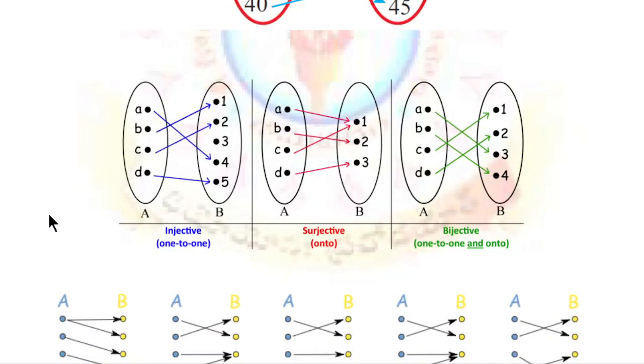Another example: it is a one-to-one function but not an onto function because element 3 in set B is not mapped with any element.